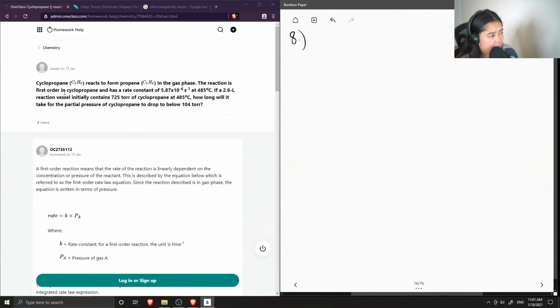If a 2.6 liter reaction vessel initially contains 725 torr of cyclopropane at 485 degrees Celsius, how long will it take for the partial pressure of cyclopropane to drop below 104 torr? Okay, so this question tells us a lot of things. It tells us that we have a first order reaction.